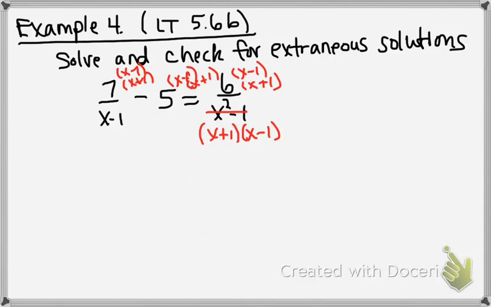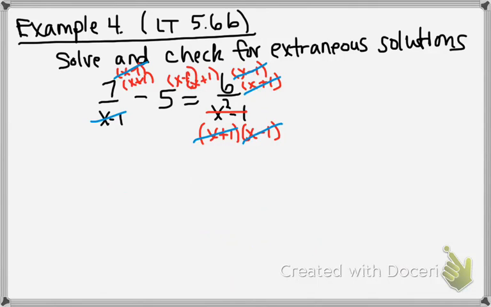So now that I have multiplied by everything that's in the denominator, I can start canceling. The first term has the x minus 1 in the denominator. It cancels with the x minus 1 that I multiplied by. The second term, there is no denominator, so nothing to cancel. Third term, I have an x plus 1, so it cancels, and I have an x minus 1, so it also cancels.